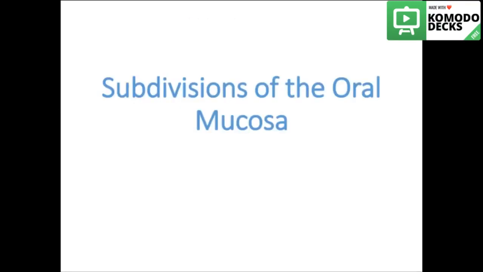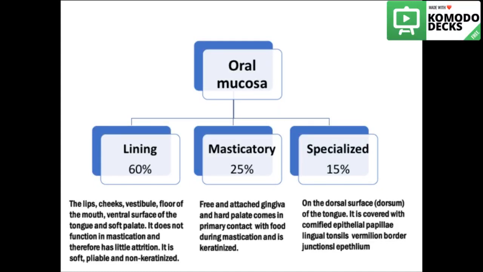Moving to the subdivisions of the oral mucosa according to their function and their location. The oral mucosa is subdivided into three parts: the lining mucosa, which is most of the total surface of the mucosa, constituting 60%.